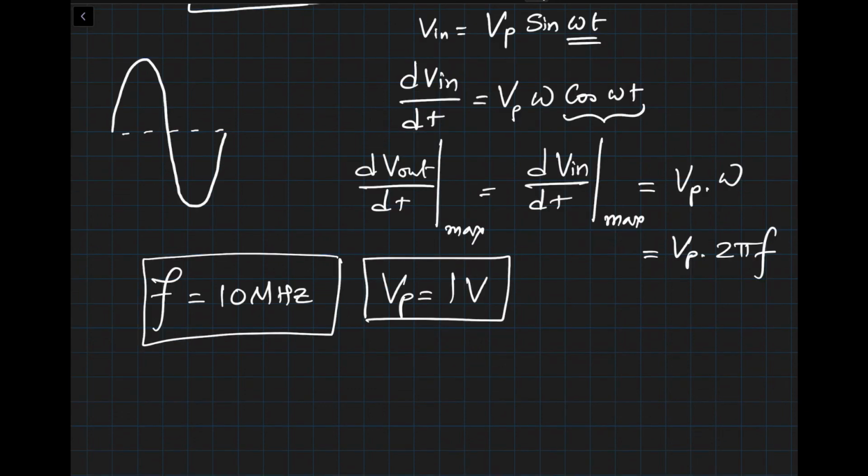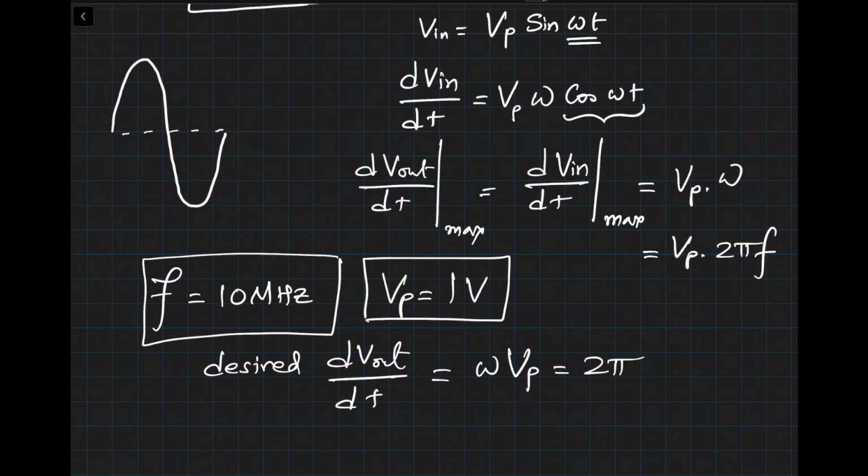In this particular case, our desired dV out by dt is going to be equal to omega Vp, which is equal to 2 pi f times V peak.